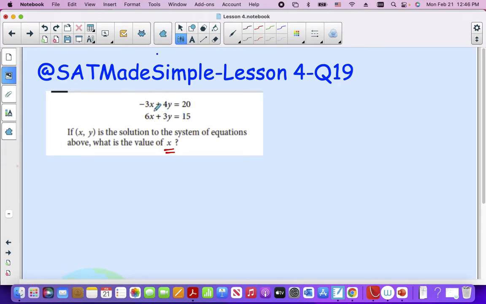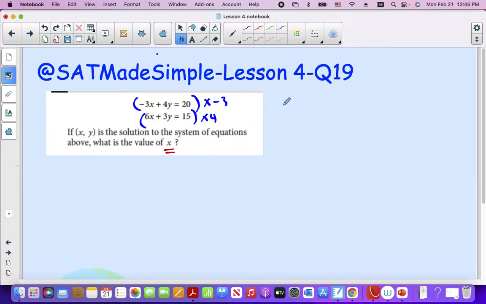To do that, I'm going to multiply the first equation by minus 3, and the second equation by 4. In this case, the coefficients of y are additive inverses, so they can cancel.